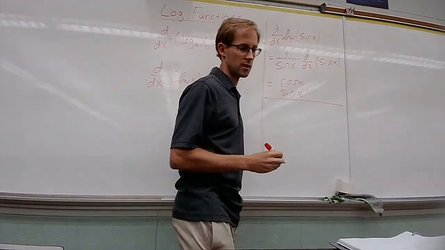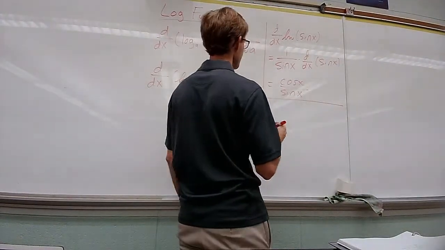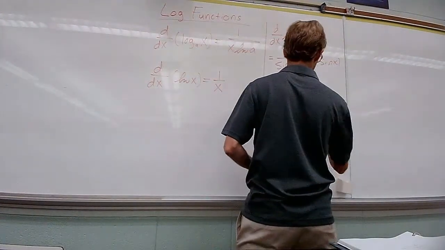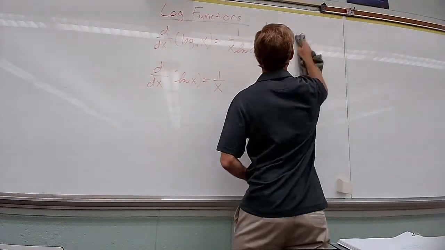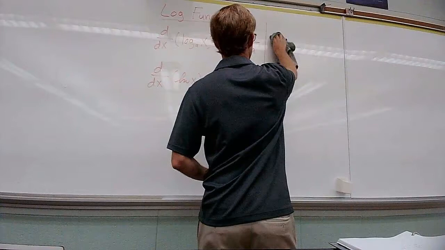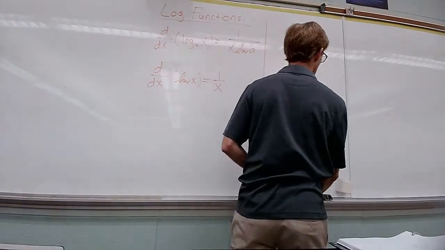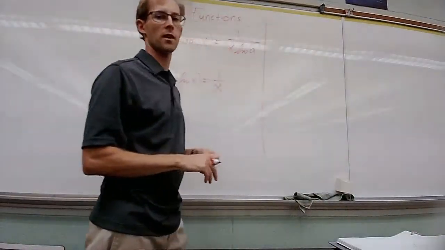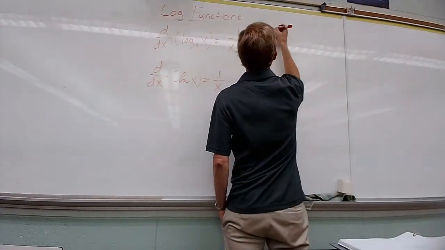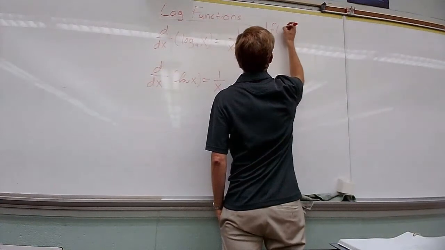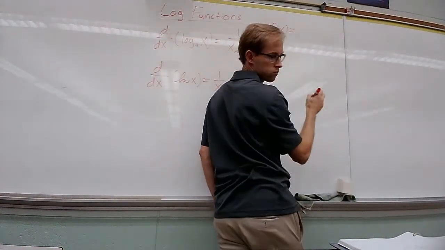Let's do another example. Oh, what? Uh-oh. Yeah, I'm trying not to write over there because that might be hard to see in the camera. It's like a 360 degrees class.